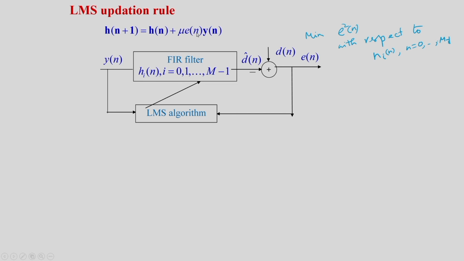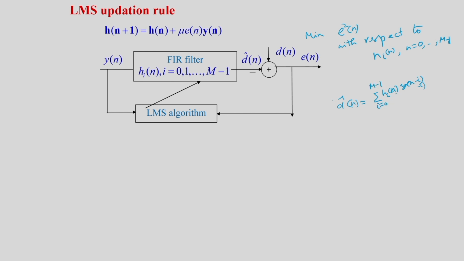It computes the error: y[n] is filtered at instant n with the filter parameters h_i[n], so we get d hat[n], that is, summation of h_i[n] into y[n minus i], i going from 0 to M minus 1.